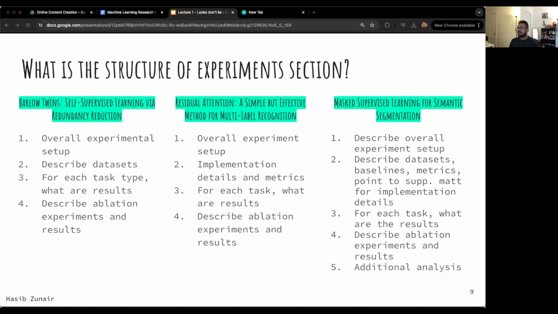And finally, they discuss the ablation experiments and additional results. The third paper at first describes the overall experimental setup, and then they describe the datasets, baselines, metrics, and also points to the supplementary material for implementation detail. And for each task, what are the results obtained? This is then followed by the ablation experiments and results with additional analysis.